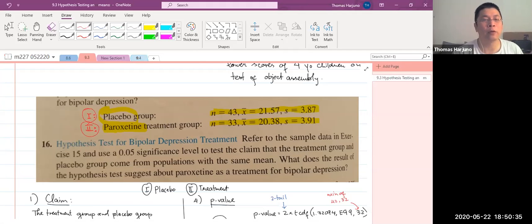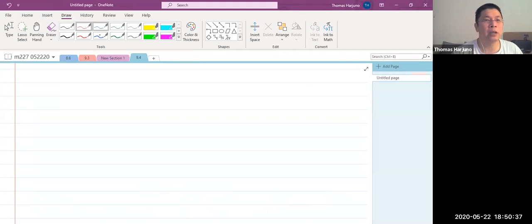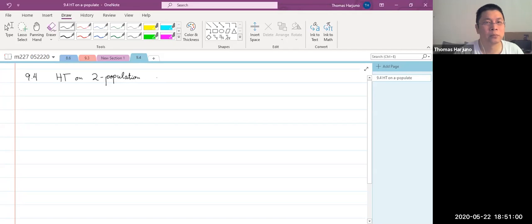Now, in 9.4, we will be doing hypothesis testing on two population means, but this will be a dependent case.